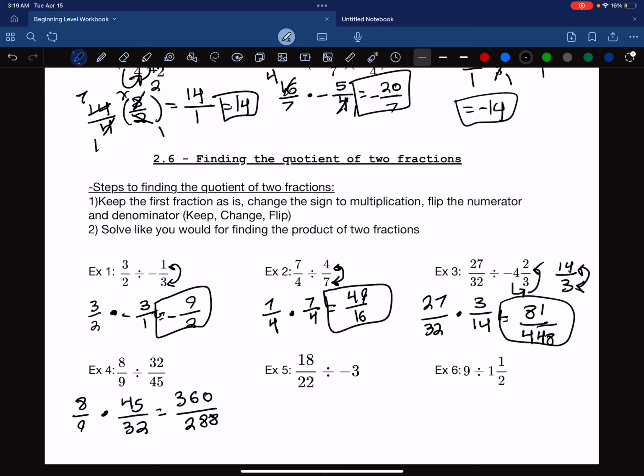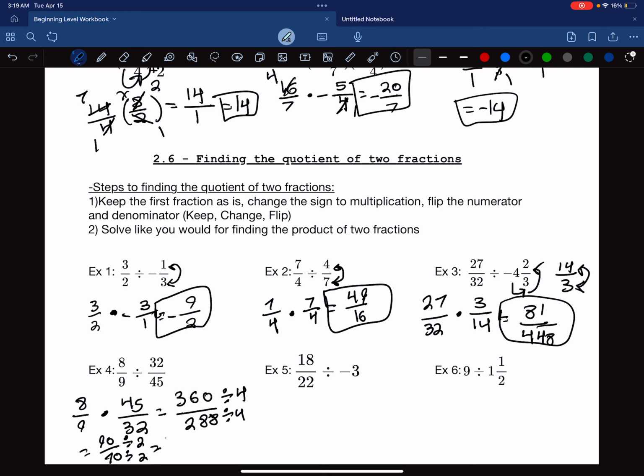So let's see if we can divide both of these by 4. When we do, we get 90/72. These are both even, but in this case we can't divide both of them by 4, so I'm going to divide both the numerator and denominator by 2.